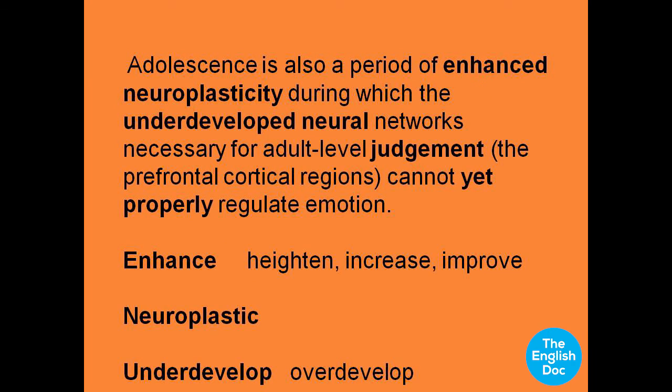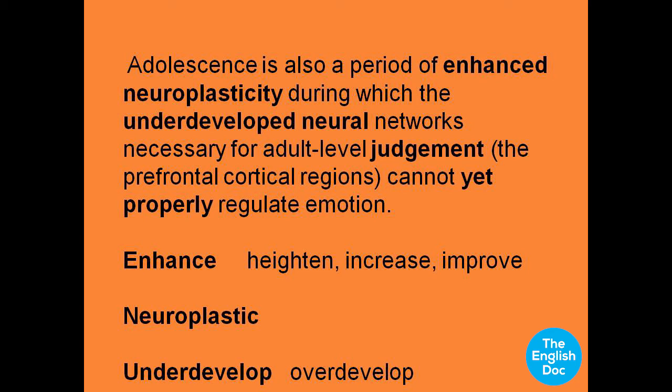Adolescence is also a period of enhanced neuroplasticity, during which the underdeveloped neural networks necessary for adult-level judgment, the prefrontal cortical regions, cannot yet properly regulate emotion. To enhance means to heighten, increase, or improve. So, enhanced is a verbal adjective in the expression, a period of enhanced neuroplasticity.